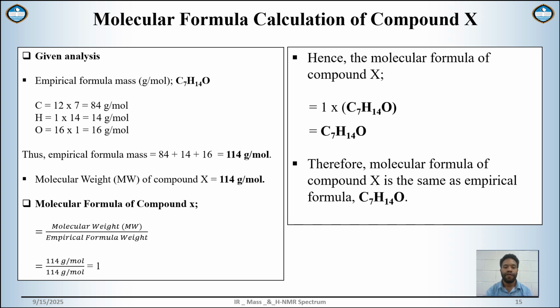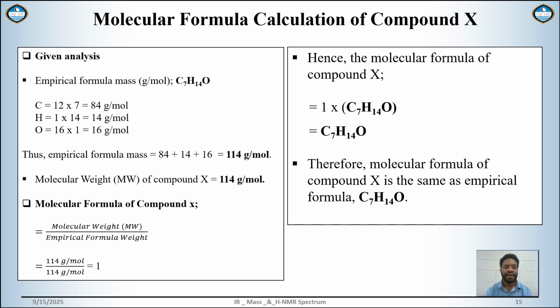The molecular weight of compound X, as we have discussed earlier, is 114 grams per mole, which was given in the mass spectrum interpretation. Therefore, to find the molecular formula of compound X, we first calculate the multiple, which is the molar weight divided by the empirical formula weight.